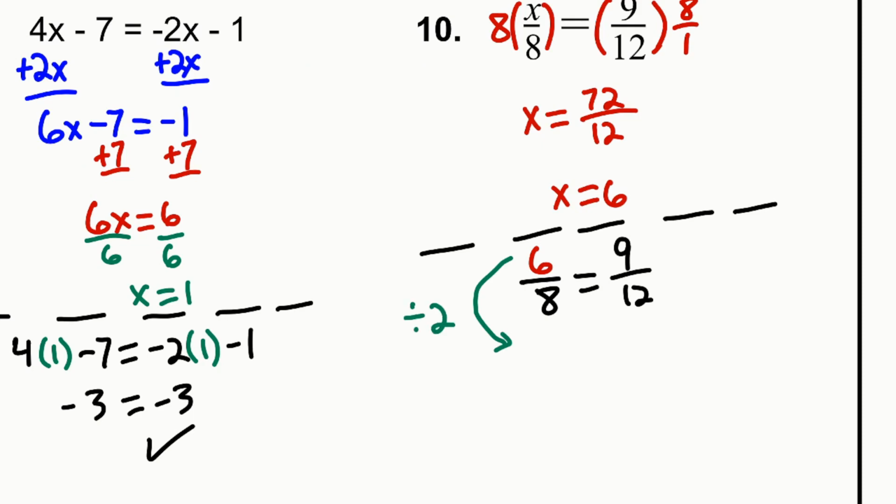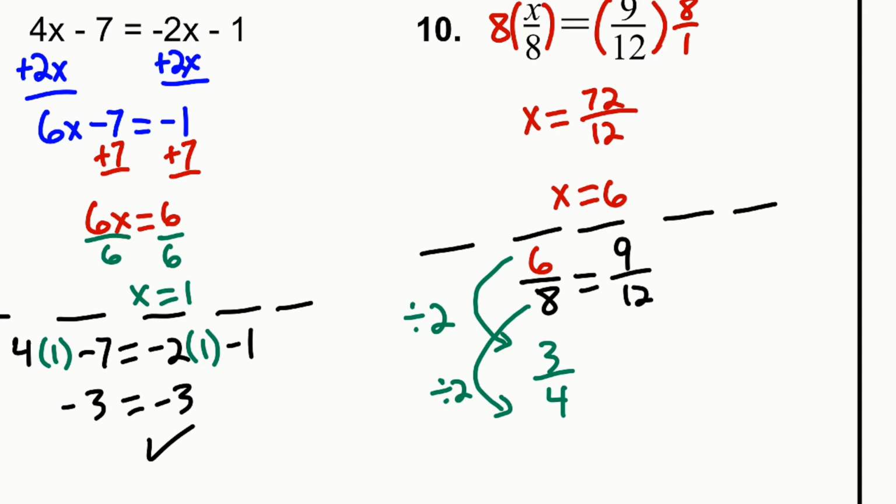And the reason why is that 6 and 8 are both divisible by 2. So I want to rewrite that fraction in reduced form. So I'm going to divide both by 2. 6 divided by 2 is 3. 8 divided by 2 is 4.